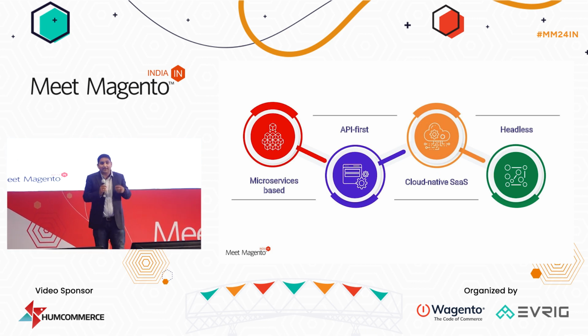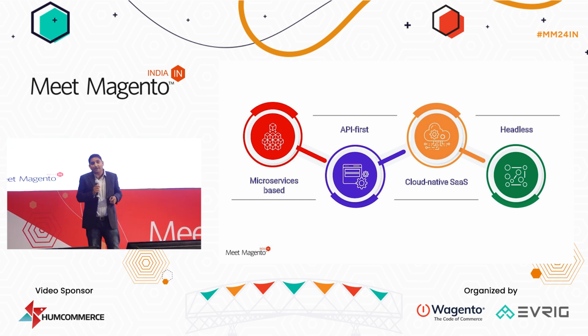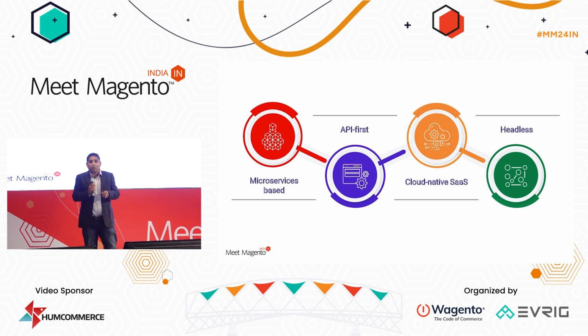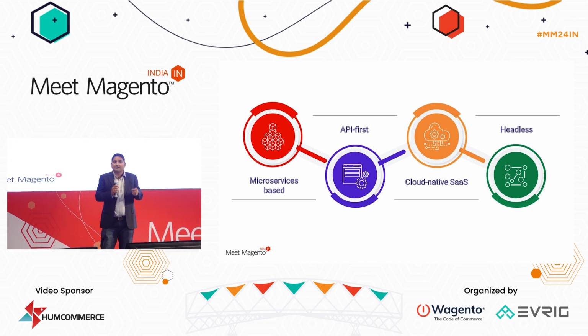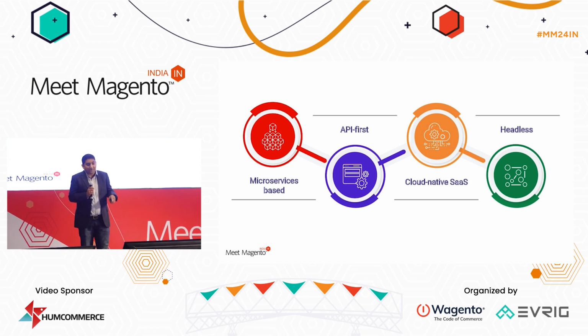But how exactly will MACH help you build scalable e-commerce platforms? MACH provides three core capabilities, that is scalability, extensibility, and flexibility. So if you divide your legacy system into these four major core components, it will boost your e-commerce in a scalable and flexible way. That's where MACH came into the picture.